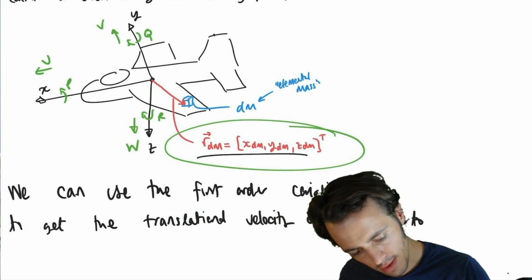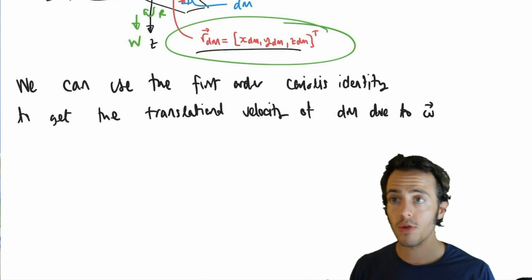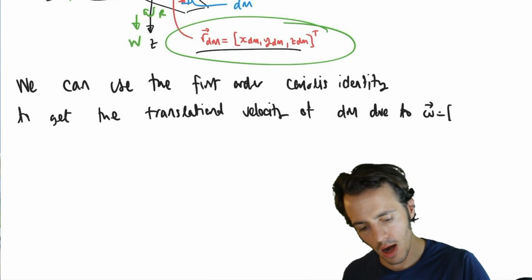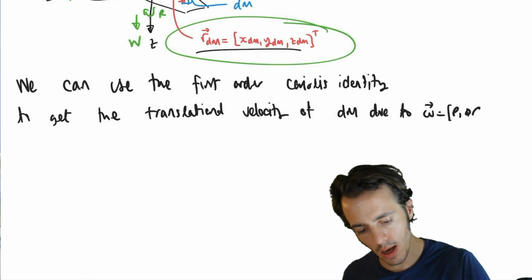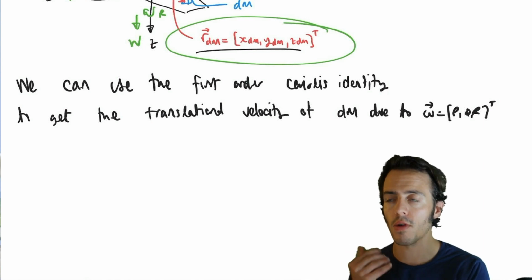So we're only interested in any added momentum due to aircraft body rotations due to this rotation vector P, Q, and R, because any translation has already been included in the original equations of motion.